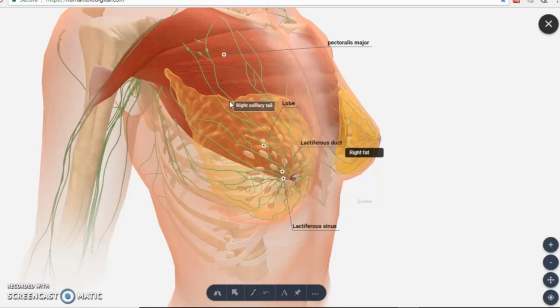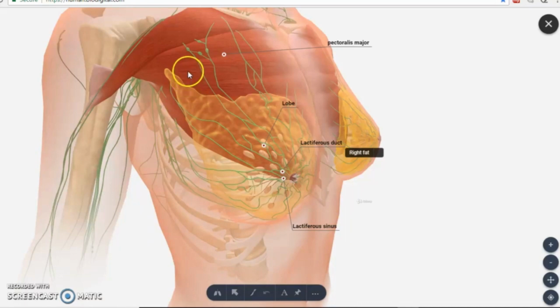For now, the lymph fluid drains into the lymphatic vessels, and these vessels finally pour the lymph fluid into the nodes surrounding the mammary gland. Surrounding the mammary gland, there are many important lymph nodes which drain all the lymphatics from the gland, and we will deal with the detailed description later.